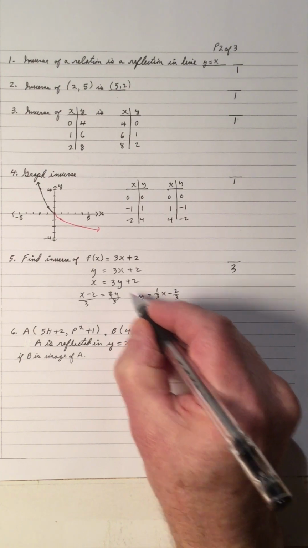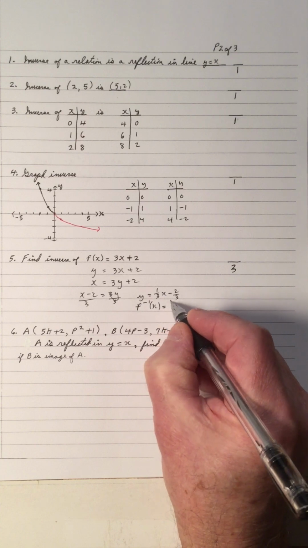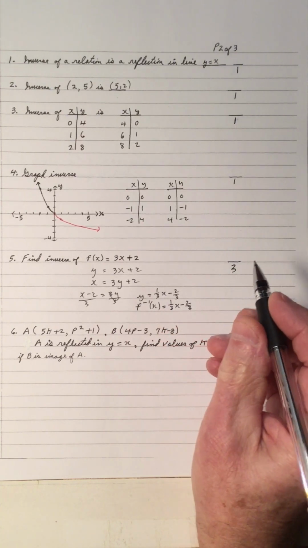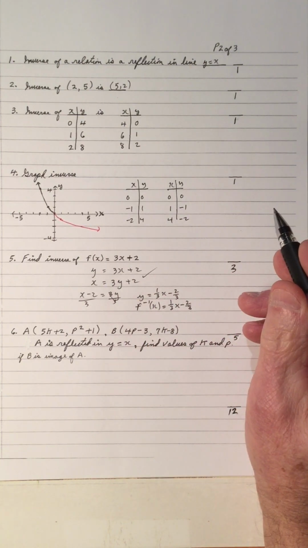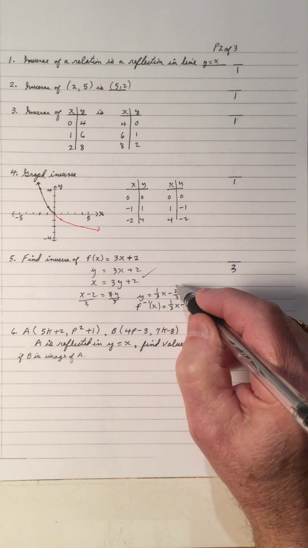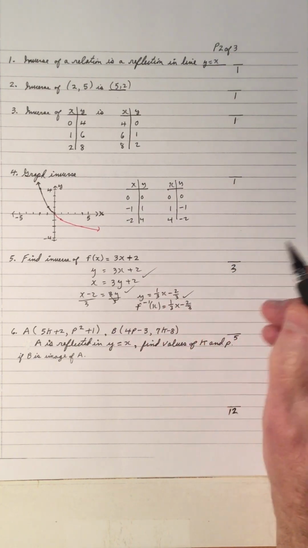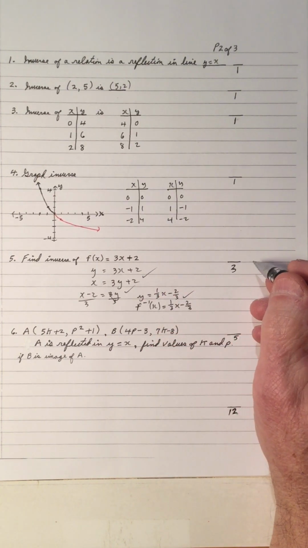So the inverse is f to the negative 1 of x equals 1/3 x minus 2/3. If you have this done correctly, and you wrote this down, 3 marks: 1, 2, 3 in total.